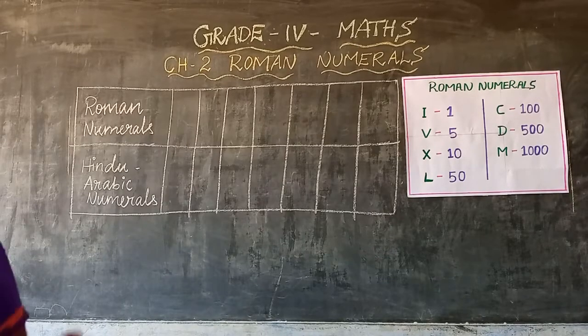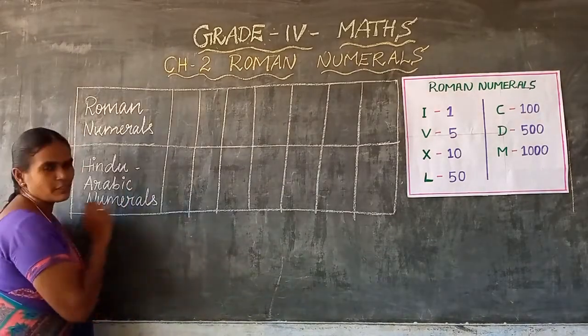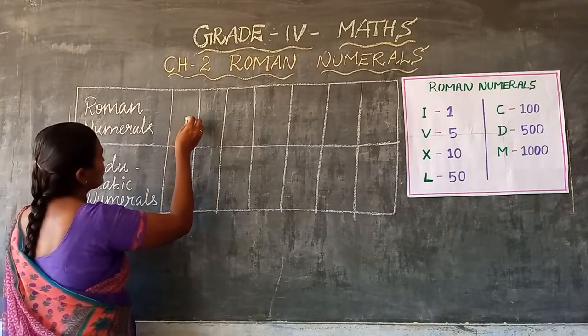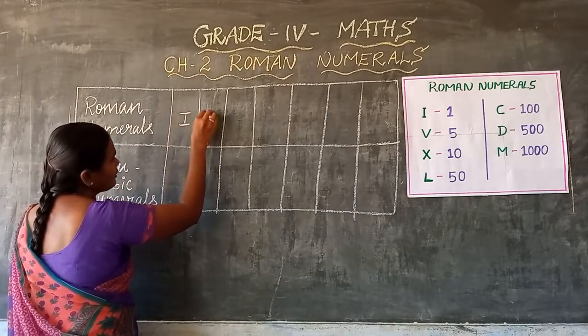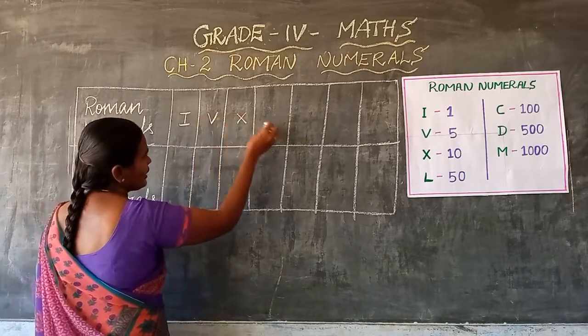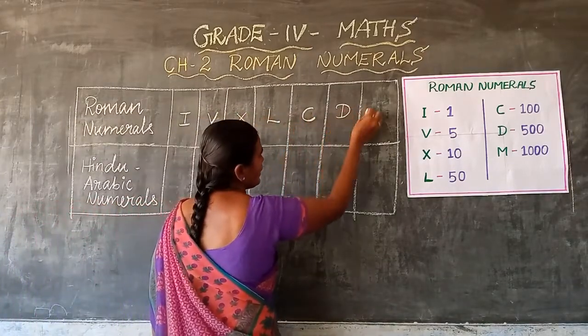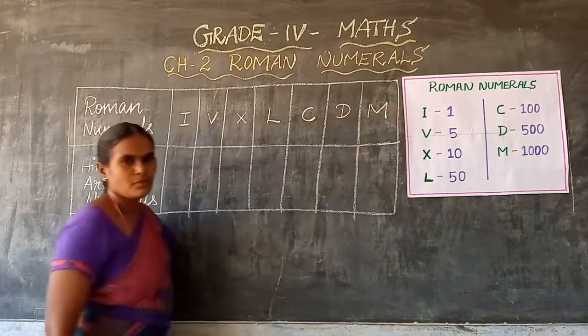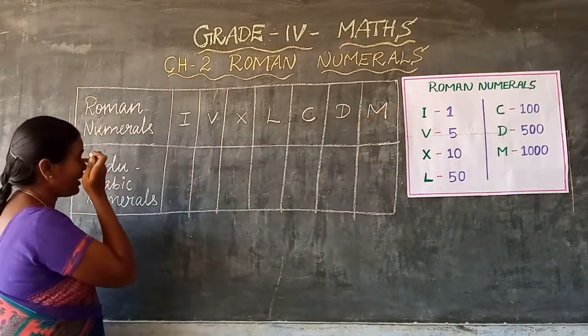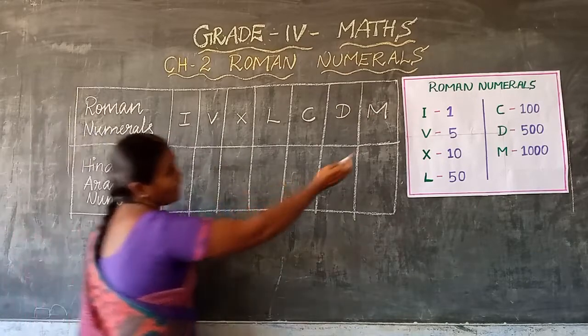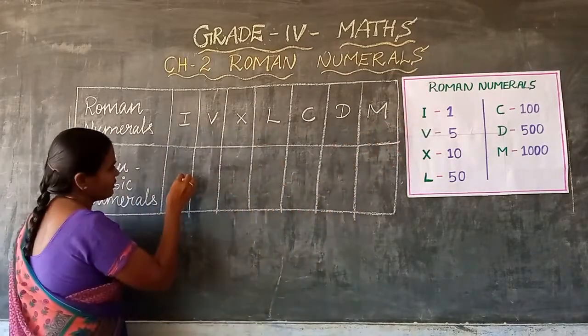So next, Roman numerals, Hindu-Arabic numerals. What are the Roman numerals? I, V, X, L, C, D, M. Okay. Value of I, 1.